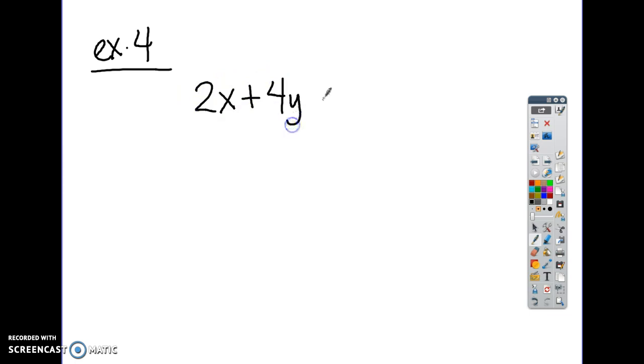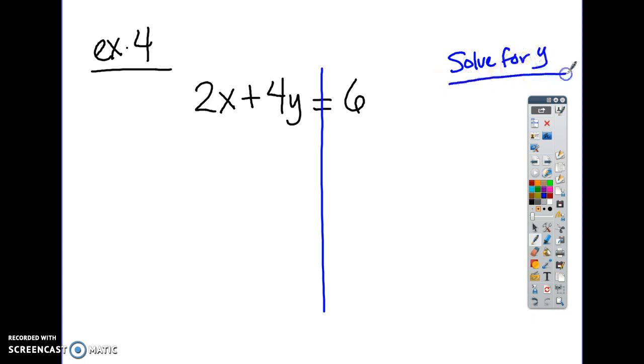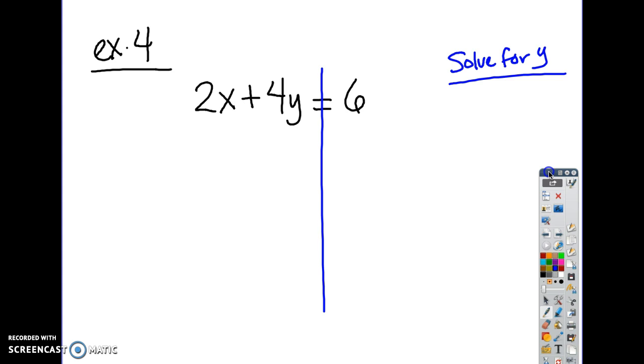Okay, example 4. I have 2x plus 4y equals 6. I want to solve for y. So we're going to "C do."